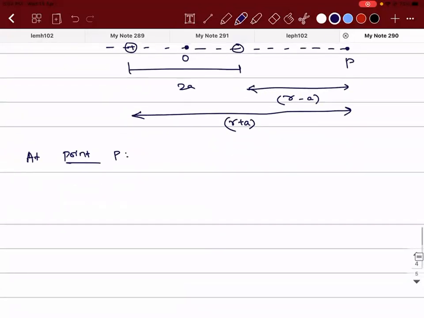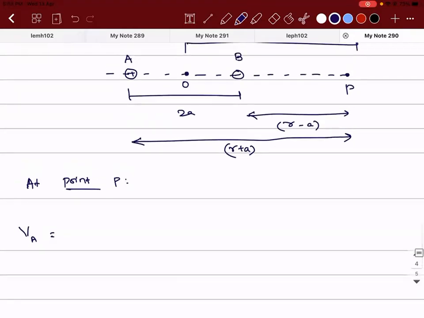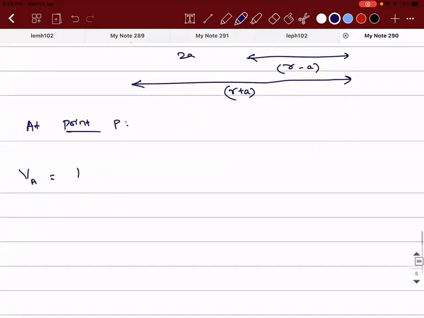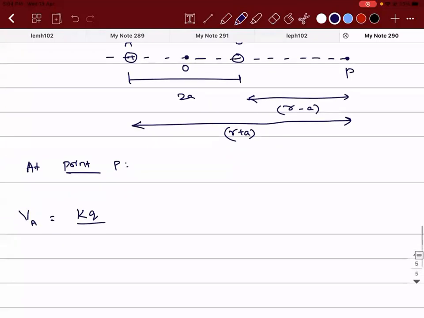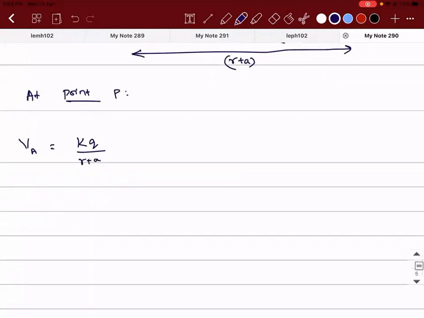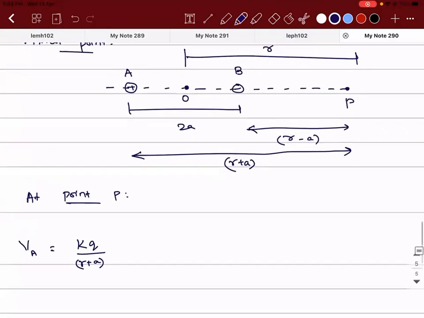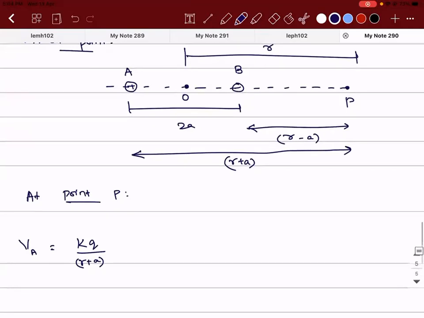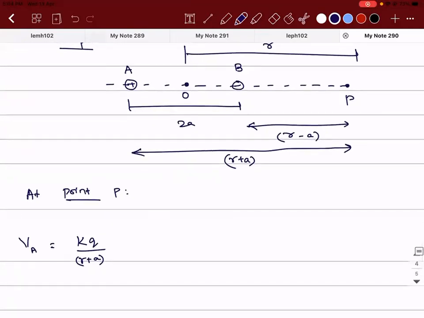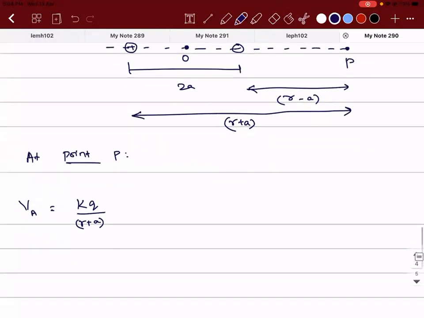At point P, the potential due to the charge at A is given by what? You have the formula in front of you. KQ by R. So K into Q divided by the distance from A to point P, which is R plus A. What will be the direction?